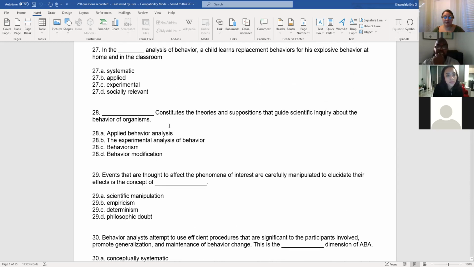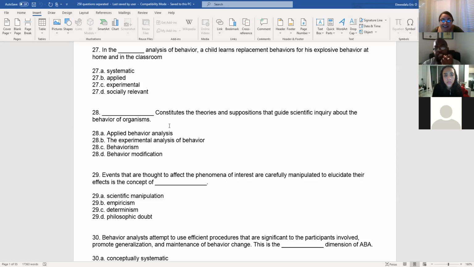In the dash analysis of behavior, a child learns replacement behavior for his explosive behavior at home and in the classroom. Is that one applied?